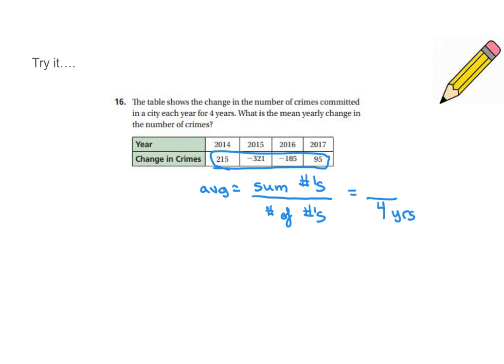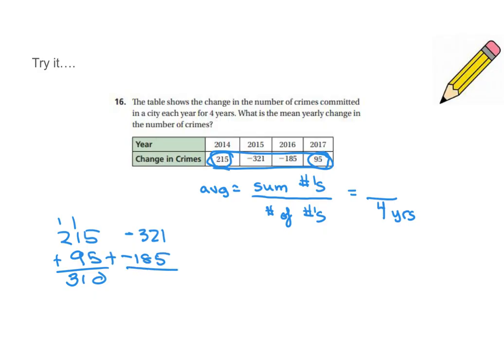So what we have to do here is we have to combine our positives and negatives, and we can use the commutative property to help us. So let's add 215 plus 95. So we have 310 crimes that were increases, and then we have negative 321 and negative 185.